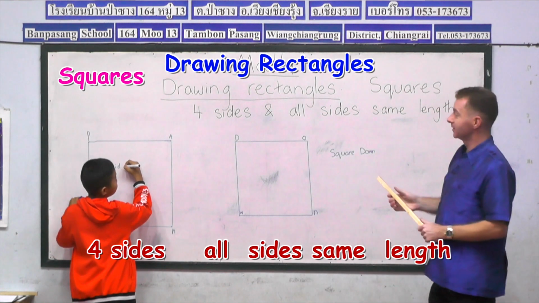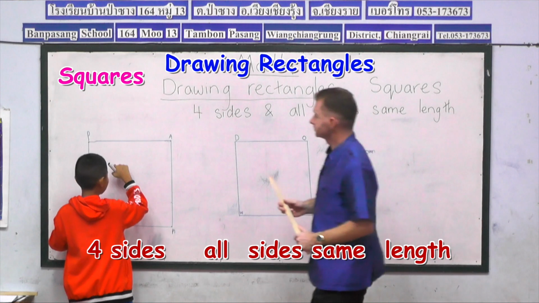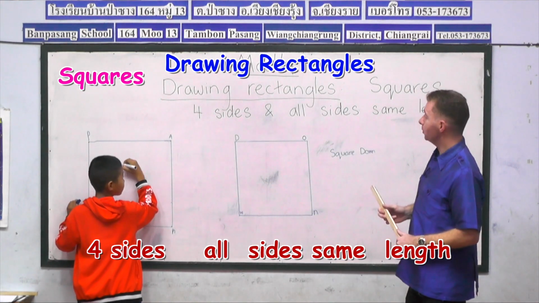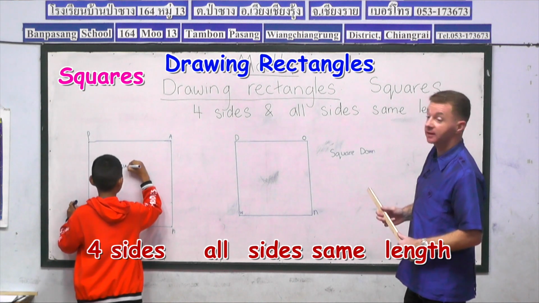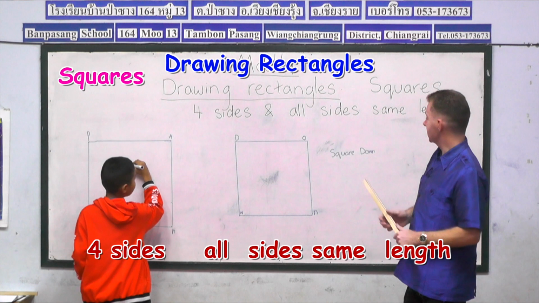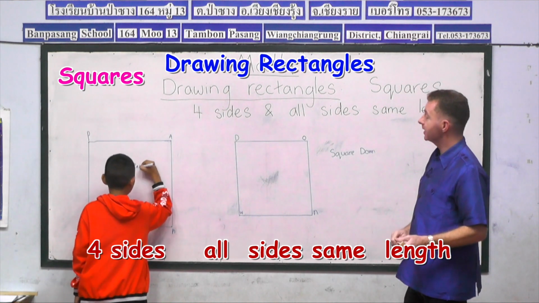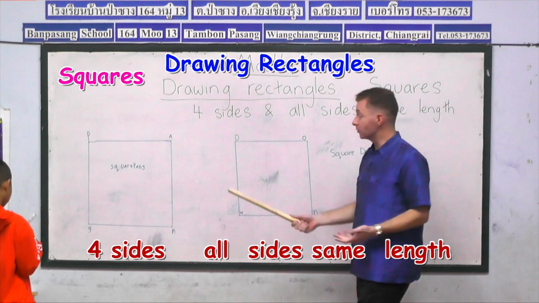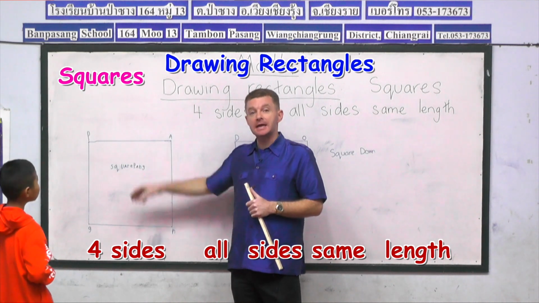S-Q-U-A-R-E. And then the references to complete the name. P, A, N, G. Perfect. So now we've got another square which has been drawn, labelled and named correctly.